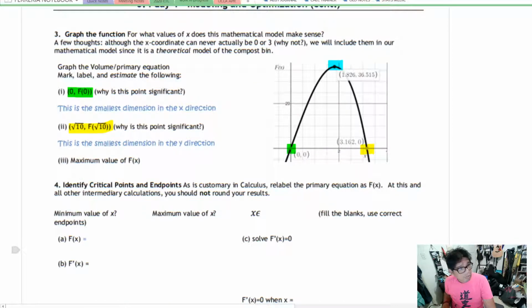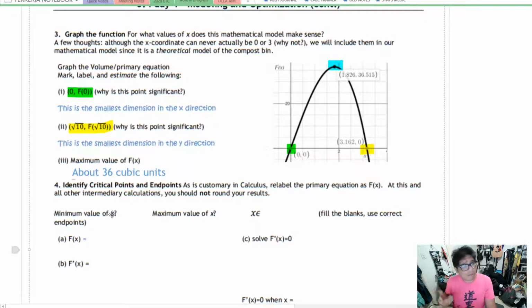So square root of 10 and f of square root of 10, that is the smallest dimension in the y direction. So we talked about this already. What was the maximum value of f of x? And we saw from the graph that that maximum value of f of x is about 36 cubic units.